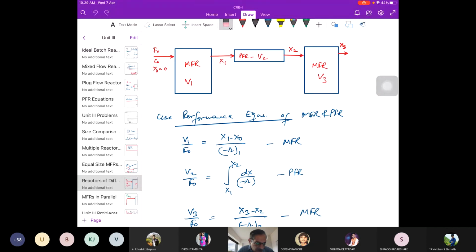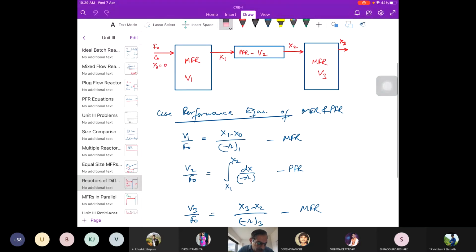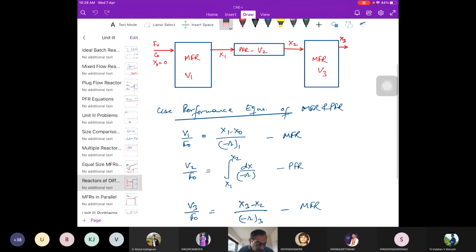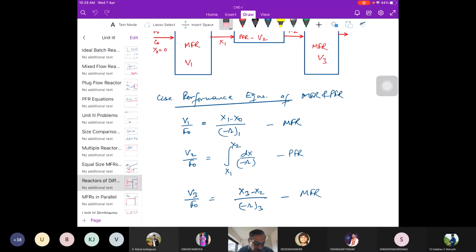MFR के लिए V1 upon F0 is equal to X1 minus X0 upon minus RA. Then V2 upon F0 is integral X1 to X2 dX upon minus RA for PFR, and V3 upon F0 is equal to X3 minus X2 upon minus RA for the third reactor.